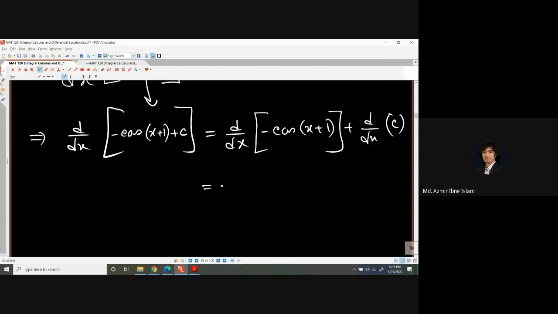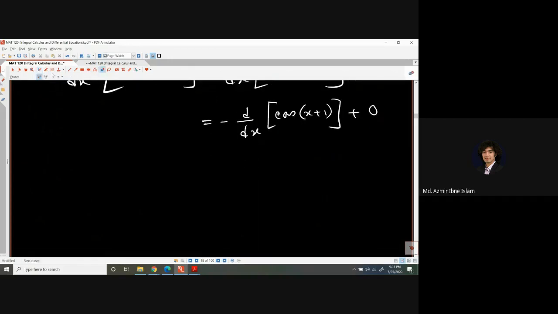Since we have negative 1, it can be pulled out. So we have differentiation of cosine x plus 1. Differentiation of a constant is always 0. Now differentiation of cosine x plus 1.